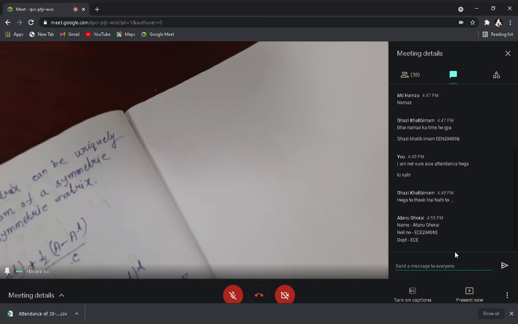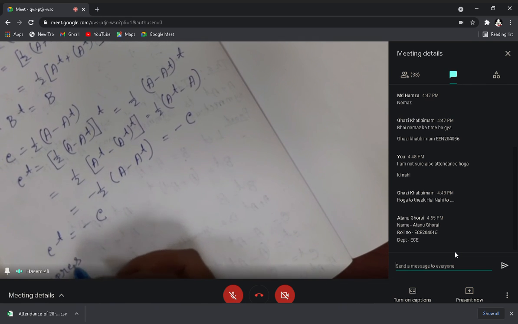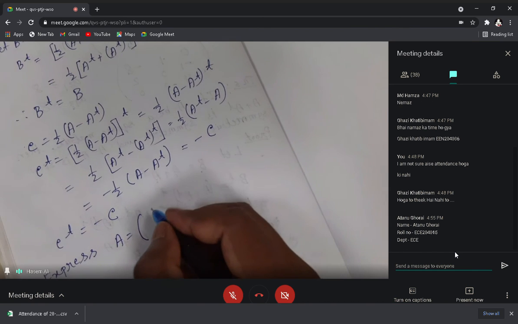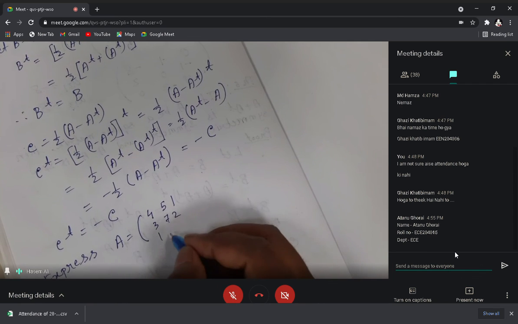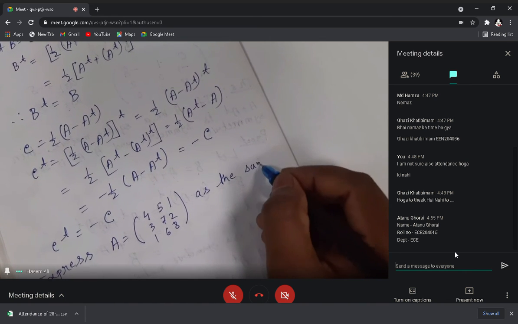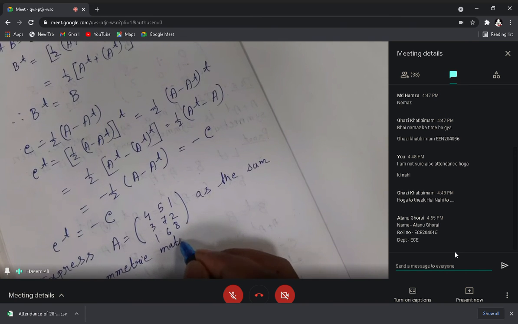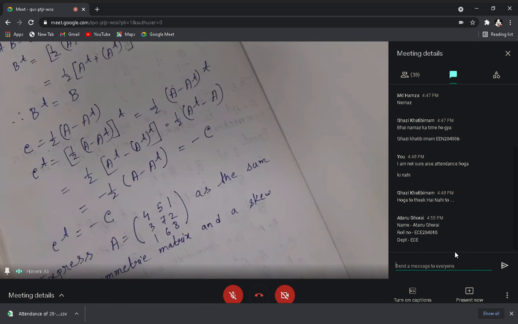Our exercise: express A equals 4, 5; 3, 7; 2, 6, 8 as the sum of a symmetric matrix and a skew-symmetric matrix.